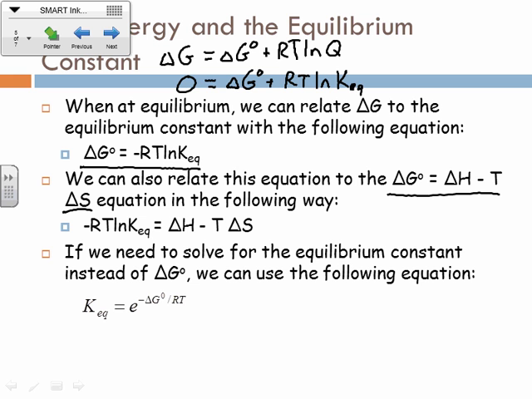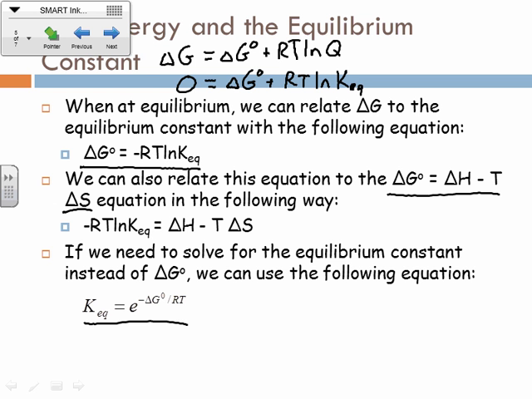Then you might use this bottom equation rather than the one with the delta G in it. I'm pretty sure that they give you this equation too. I'm going to have to check on that, and then we can talk about it in class.